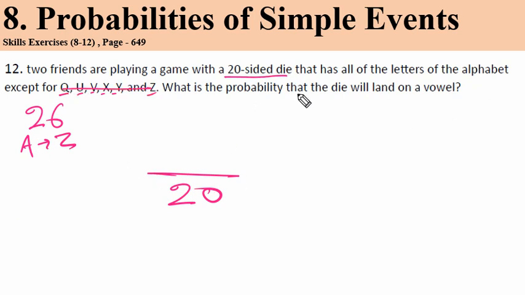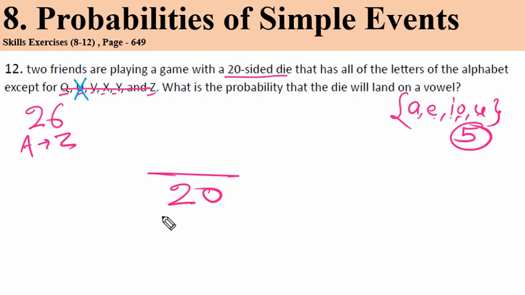Now what is the probability that the die will land on a vowel? What is a vowel? The vowels are A, E, I, O and U. So how many in total? 1, 2, 3, 4, 5. 5 would be our favorable. But here U is not on the die. So if it is not on the die, then it will also not be available.